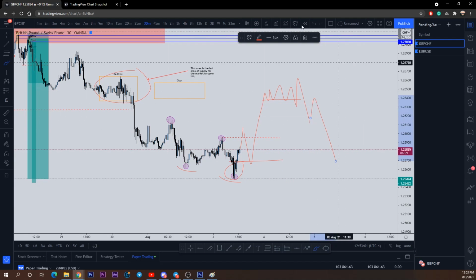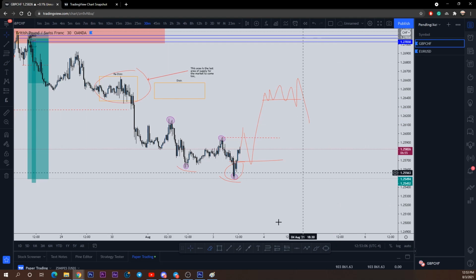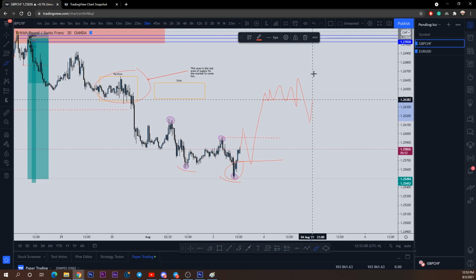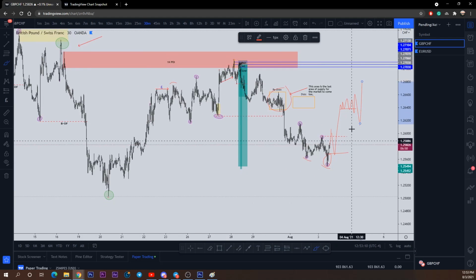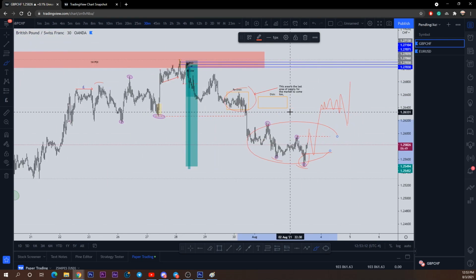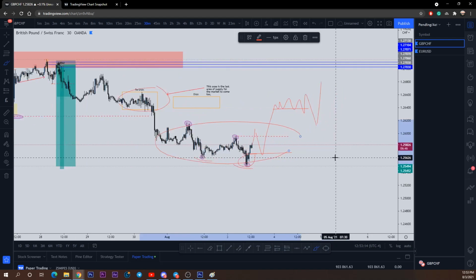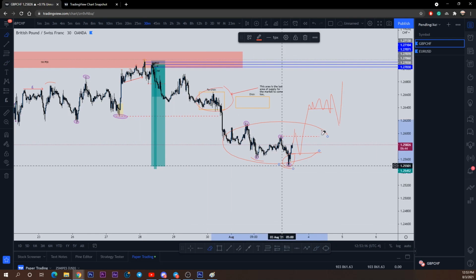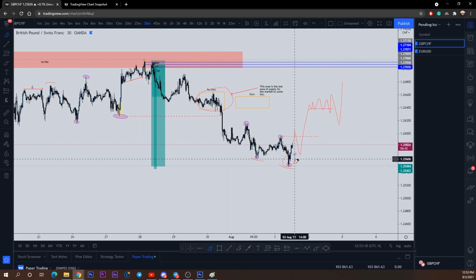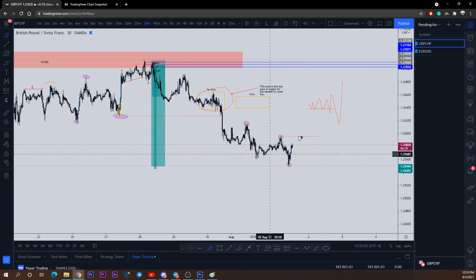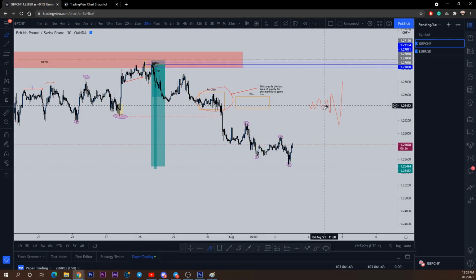Or if we end up reaccumulating here, going to the upside, then it's cool. You're in this buy. So it doesn't matter, react off the market, play what the market's giving you, dog. And that's GBPCHF, man. Very clean, very clean.